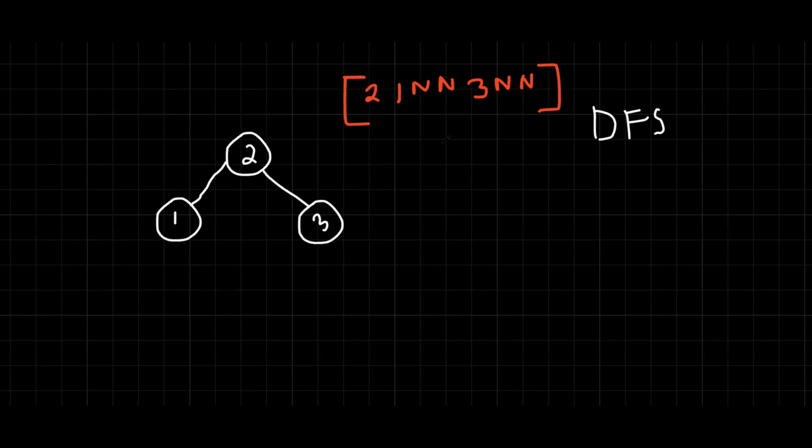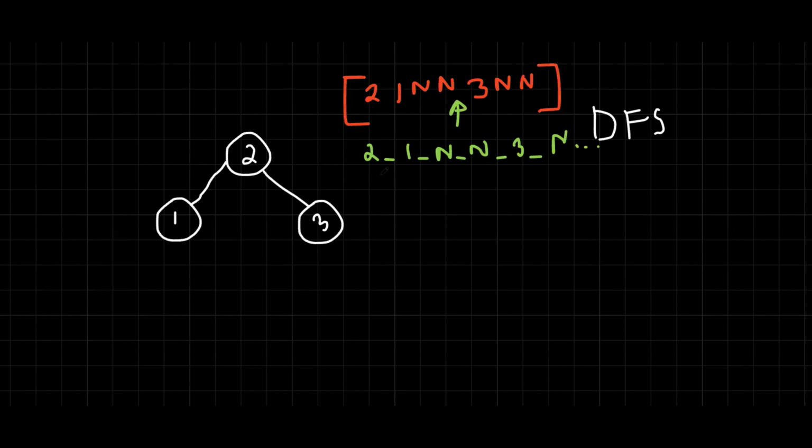In the string stream class, we consider each character as a word. So we make it 2 space, 1 space, then n space, then n space, then 3, then n, and so on.